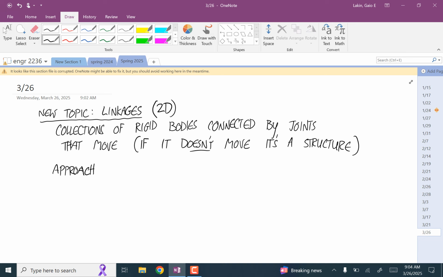Does anyone remember, have I given any kind of illustration of why we can only do stuff in 2D with the approach that we're using for rigid bodies? Do you remember seeing anything like that? The homework problem where it had one moving in one direction. No, that's a little bit different.